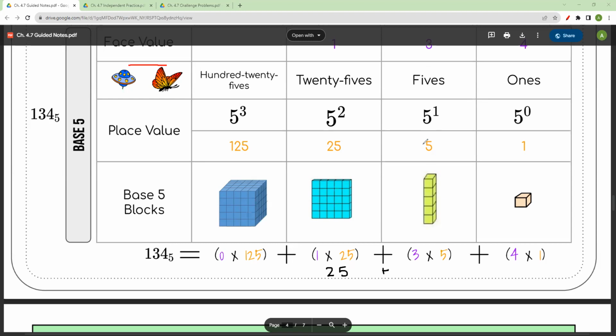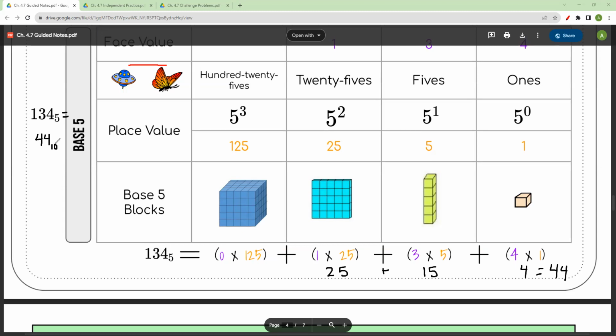We have a 3 in the 5s column, so that's 3 times 5. And we have a 4 in the 1s column, so it's 4 times 1. So 25 plus 15 plus 4 would give us 44.